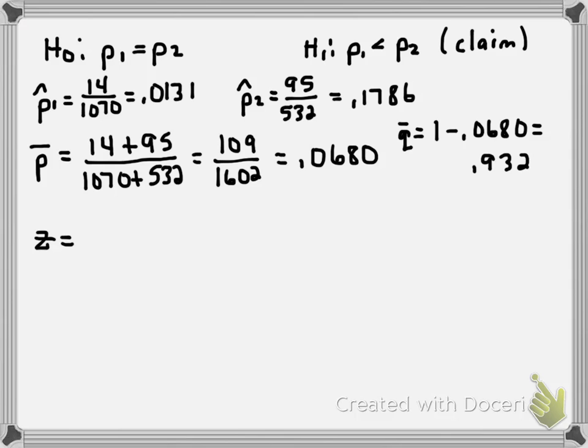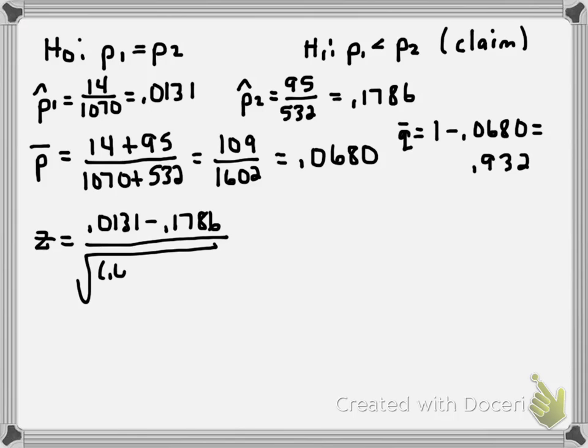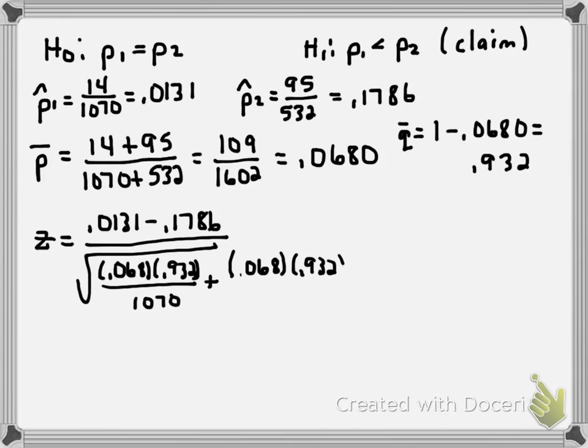Z is equal to P hat 1, which is 0.0131, minus P hat 2, which is 0.1786, over square root of pooled P, which is 0.068, times pooled Q, which is 0.932, over the first sample size of 1,070, plus on the second fraction the numerator is the same, 0.068 times 0.932, but this time we need to divide by the second sample size, which is 532.